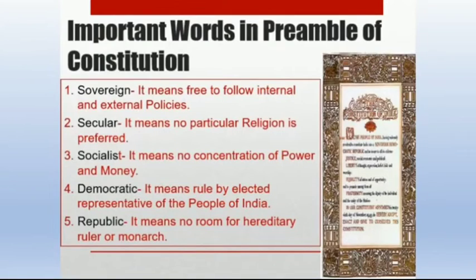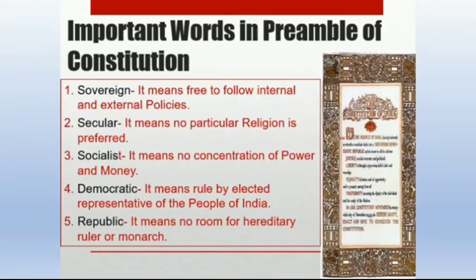What are the important words in the Preamble of the Constitution? Sovereign. It means free to follow internal and external policies. Secular. It means no particular religion is preferred. Socialist. It means no concentration of power and money. Democratic.